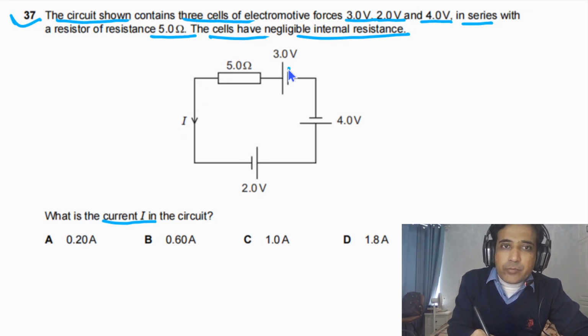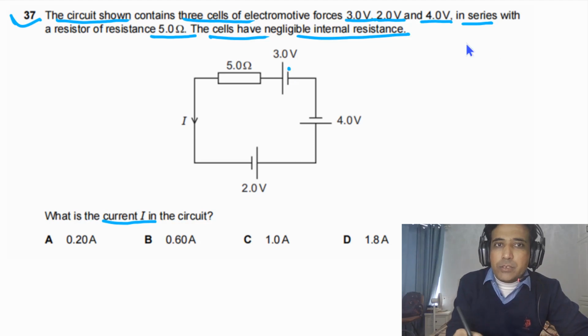So we can start from here and we can redraw the circuit. So we have the negative terminal, then we have the positive terminal, then this cell is 3.0 volts. After this one we have the resistor, so this is a 5.0 ohm resistor.